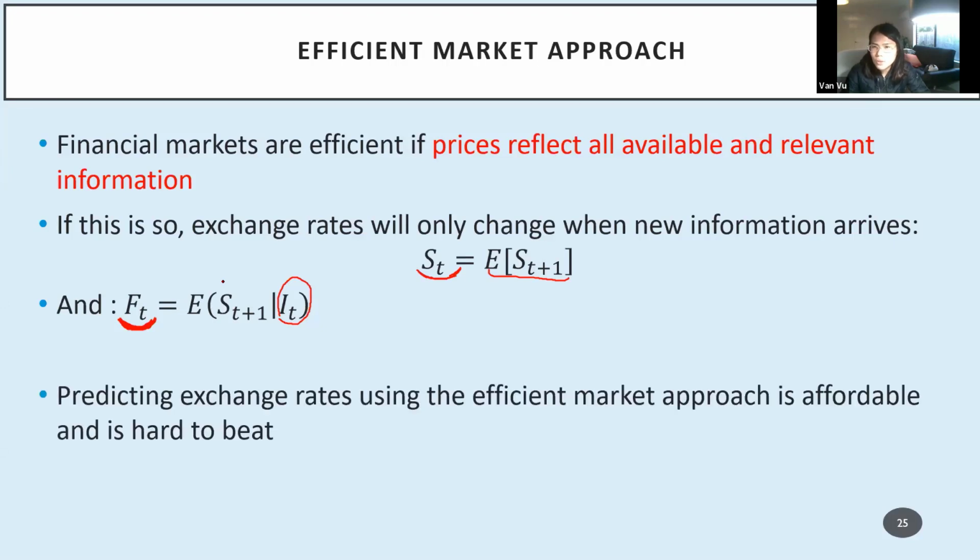So according to this efficient market approach, it's very easy for you to predict the future. What you have to do is just observe the forward market for exchange rates, and that will be the best indicator for where the exchange rate is headed in the future. So according to this approach, the best predictor for the future is the forward market.